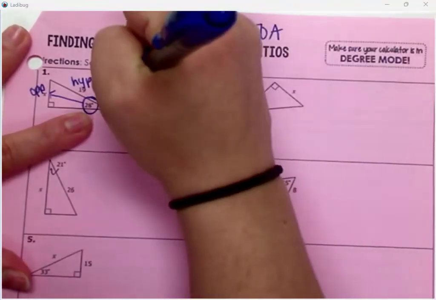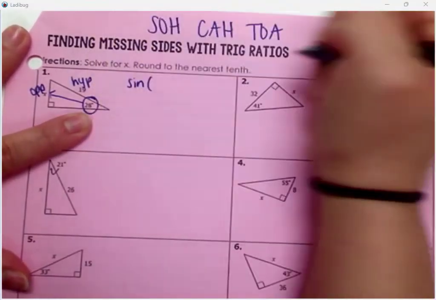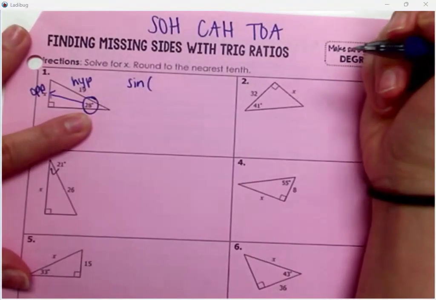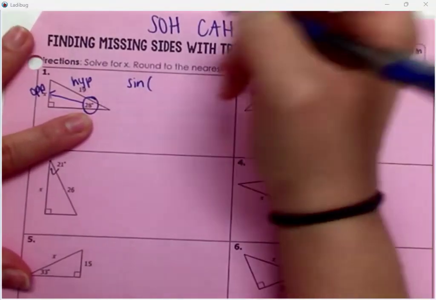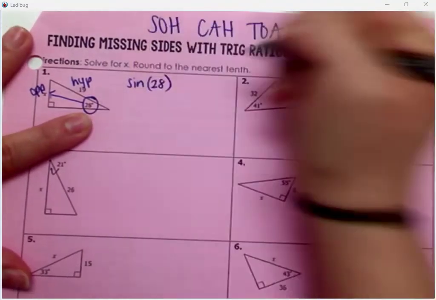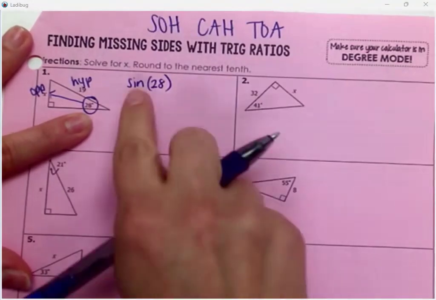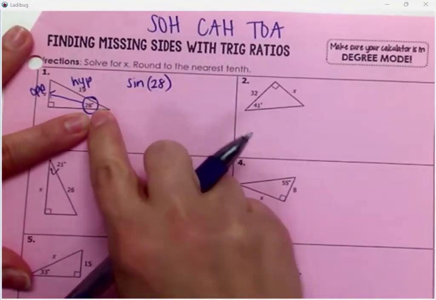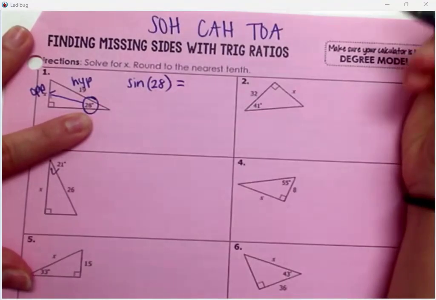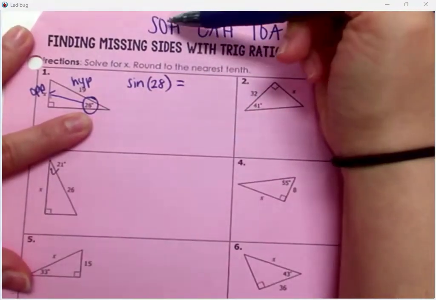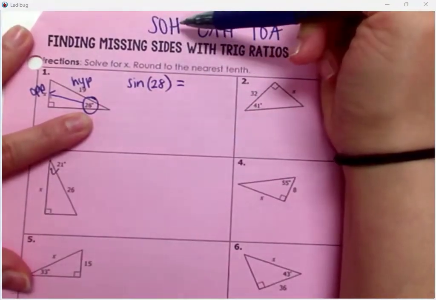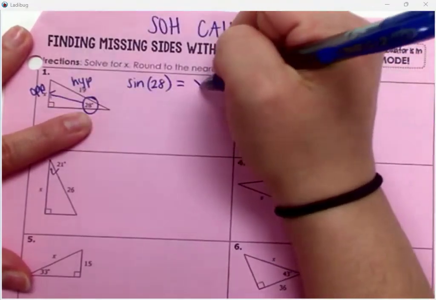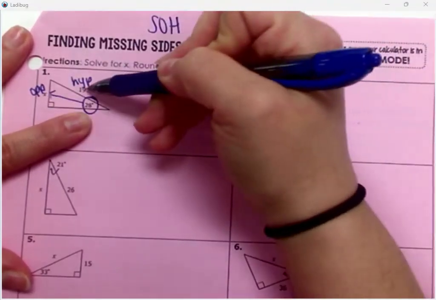So what I'm going to write is sine of, what is the angle measure? 28. Okay, so sine of whatever your angle is has to equal, and my ratio is going to be opposite over hypotenuse. So what is the value for opposite? X over, what's the value for hypotenuse? 19.